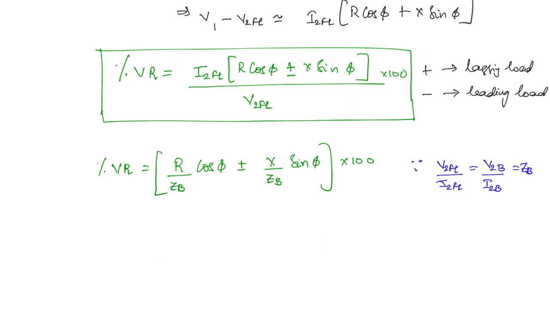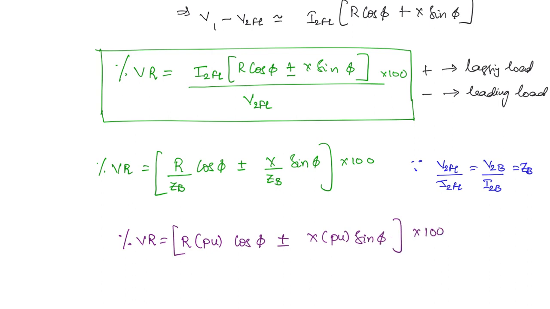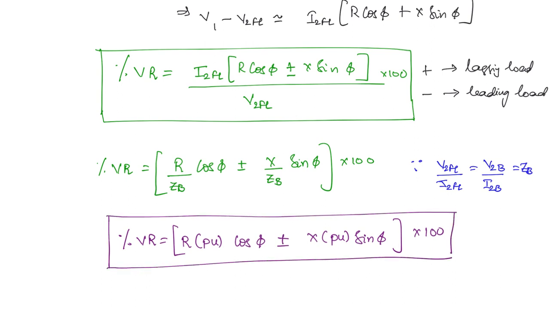So that means voltage regulation will be in terms of the per unit value, R per unit cos phi plus or minus X per unit sine phi into 100. Okay, so this is in terms of the per unit values. If you have the per unit values of resistance or the impedance of the transformer, then you don't need the voltage or the current to find the voltage regulation.